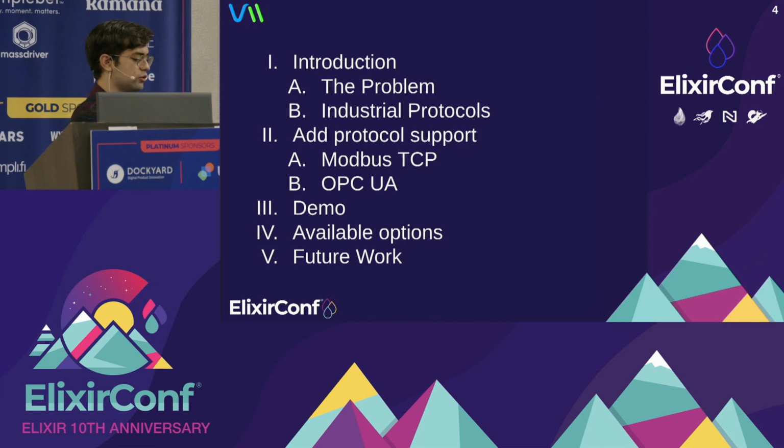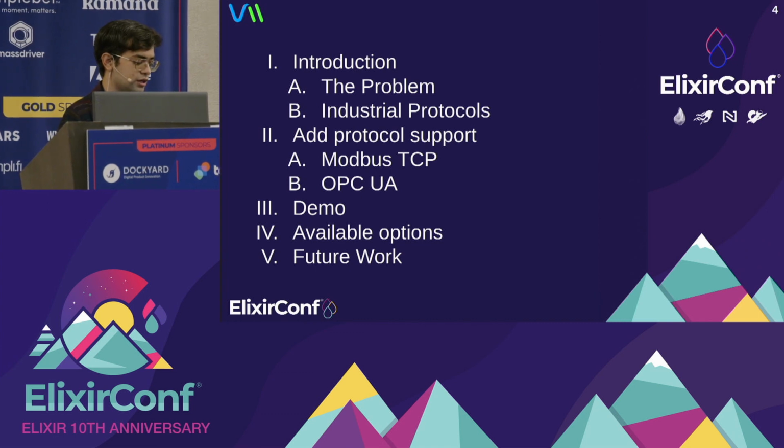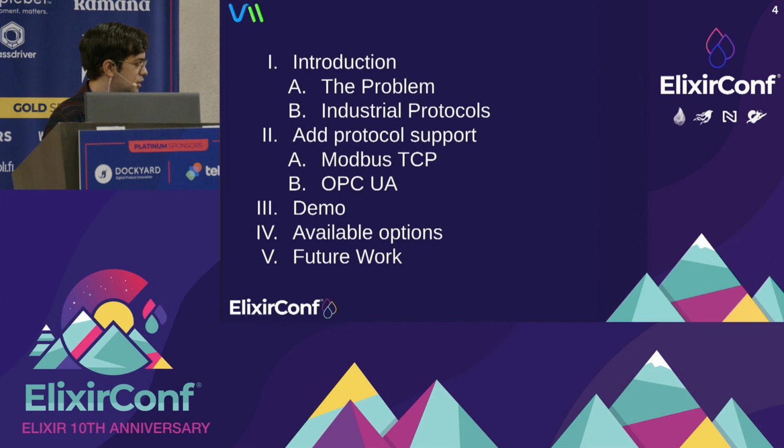I programmed both of them on a Raspberry Pi, so I can share with you how the interaction works. Finally, we will talk about available options for more industrial protocols that are already in open source projects, and the future work that we are eager to do.